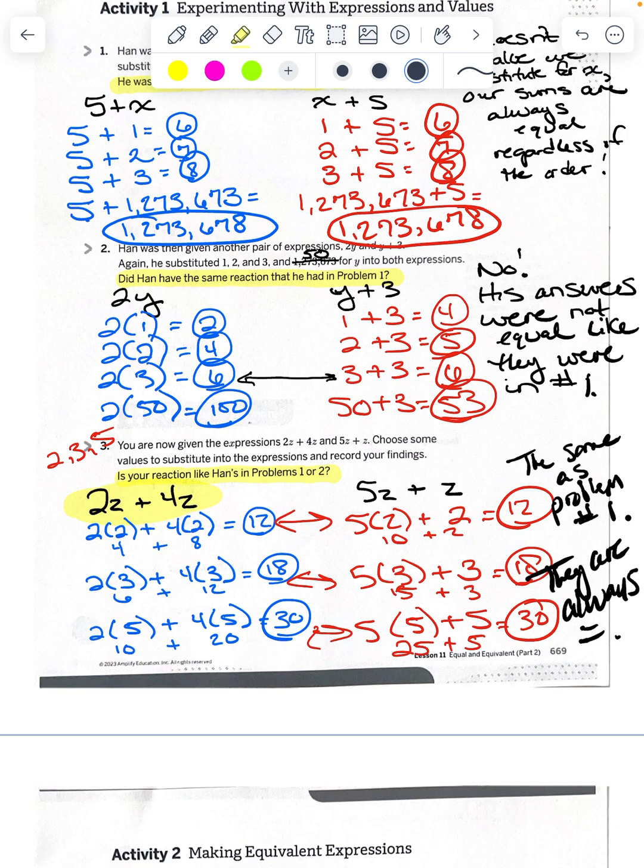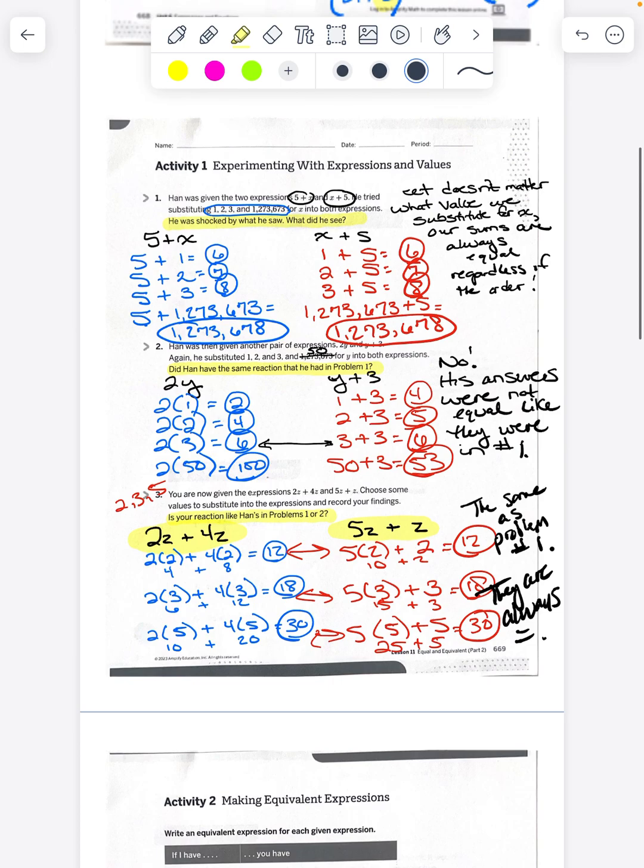If I did 2z plus 4z, you would get 6z. And over here, 5z plus 1 more z is again 6z. So either way, even though we're doing the problems a little bit differently, both expressions are equal to 6z, so their answers are always going to be the same.